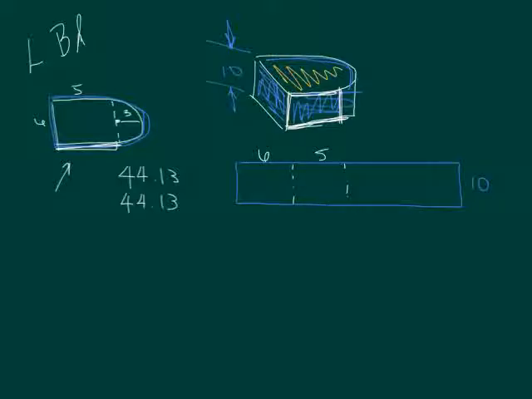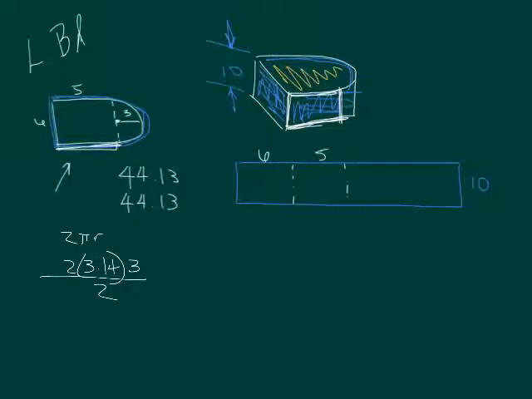And then from here around to here is a half of circle. So the circumference of the whole circle would be 2 pi r, which would be 2 times 3.14 times radius is 3. And I want half of that, so I'm just going to take half of that.